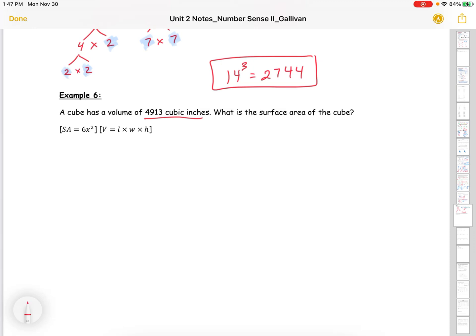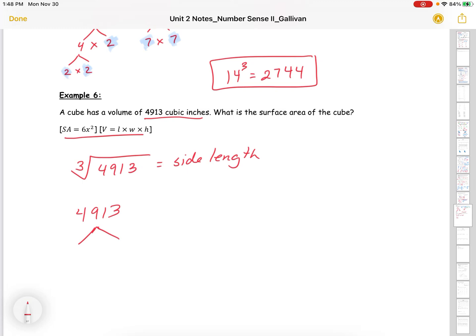Okay. Well, first, we've got some information there that the surface area is 6 times x squared, and x would be the length of the side, right? So we need to find the cubed root of 4913, and that will equal a side length, okay? So let's do that, 4913. We're going to do our prime factorization. Now, looking at this, it's kind of weird.